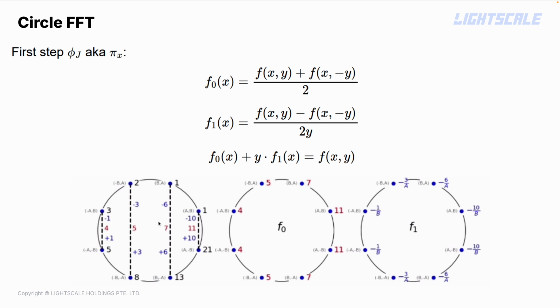The red parts are the f0s representing. So this is going to be 7, this is going to be 5, this is going to be 4. And this is basically a difference, right? Difference divided by the y. And then it's going to be like plus 6, minus 6, minus 3, plus 3. So you can see that f0 is going to be like this, f1 is going to be like this.